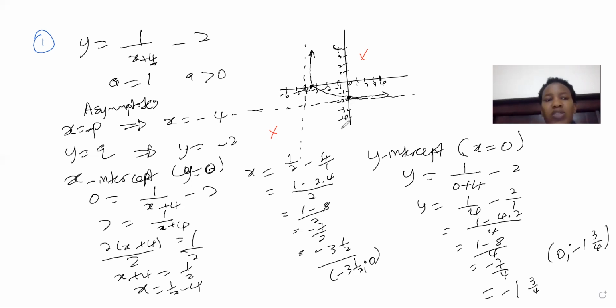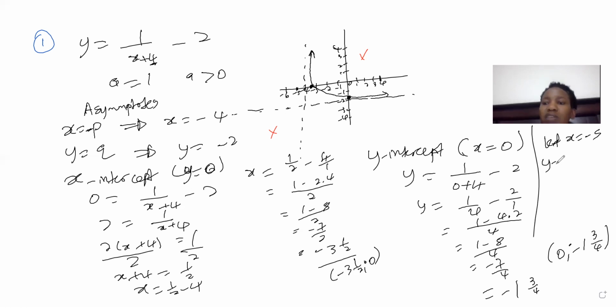No, we can't divide by 0. Let's take -5. So let x be -5. You just select the one that is gonna give you a not so complicated answer. So I choose -5. You can choose -6.